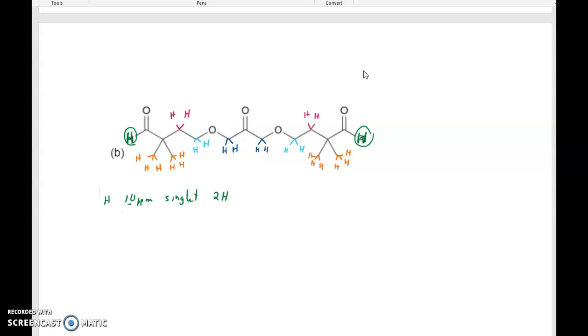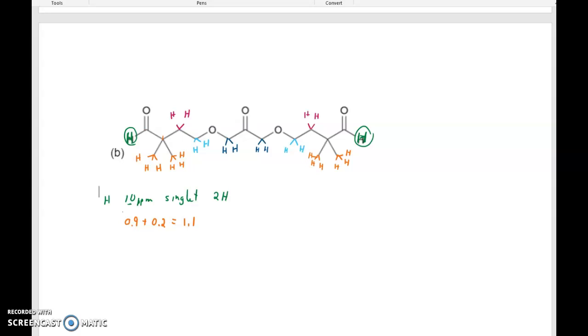Okay. Let's look at the orange ones next. The orange ones, they are methyl groups, so they start as 0.9. They are 1 away from an aldehyde and from a carbonyl, sorry, and so it'll be 0.2, and that'll give us 1.1.